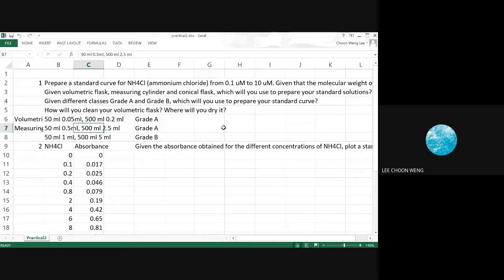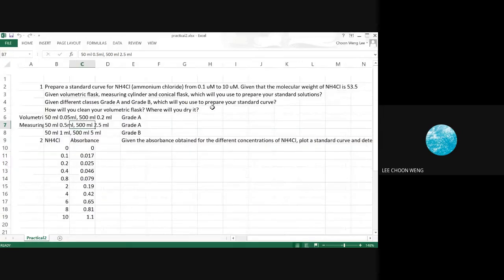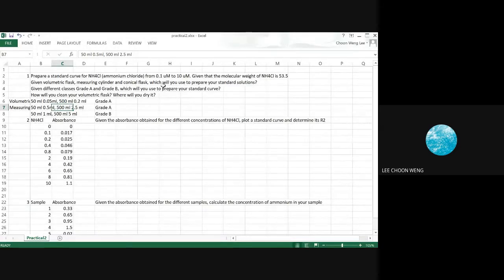Okay, so let's look at question number 1. Prepare a standard curve. I've written here ammonium chloride from 0.1 micromolar to 10 micromolar, given that the molecular weight is 53.5.